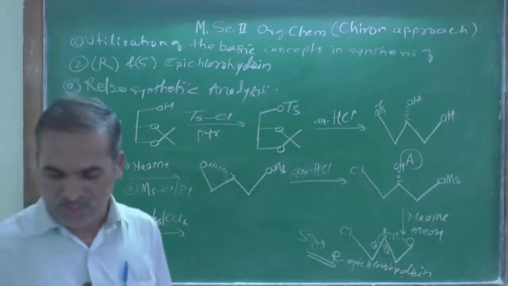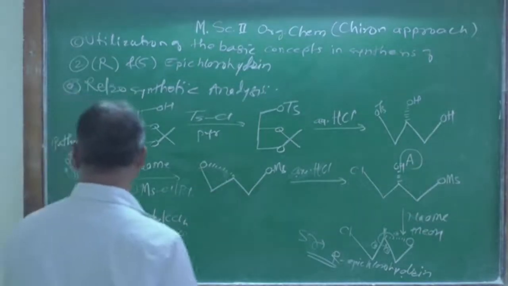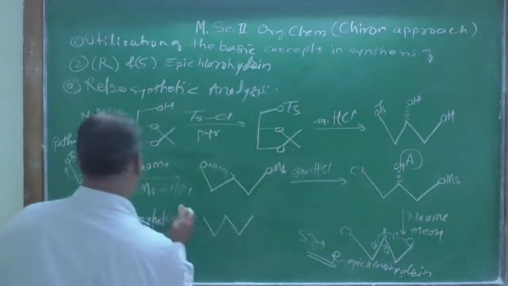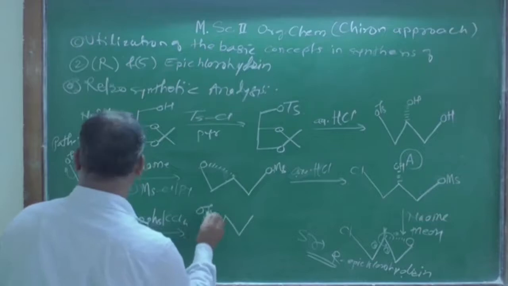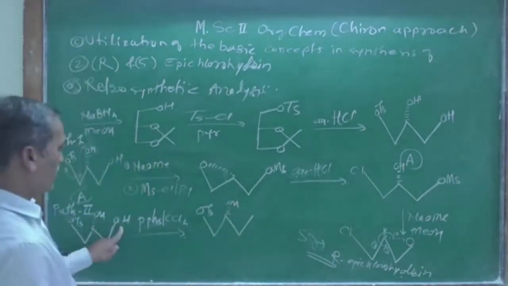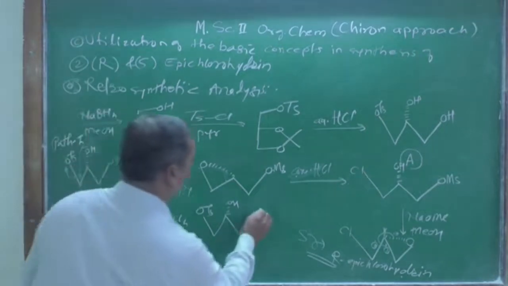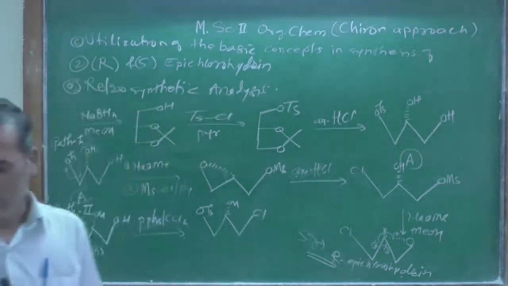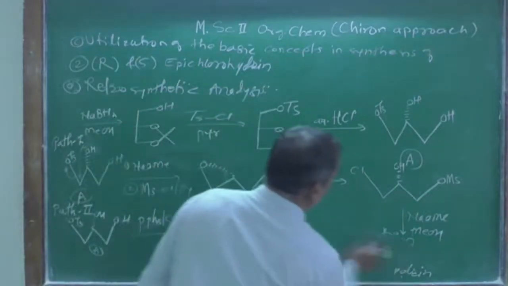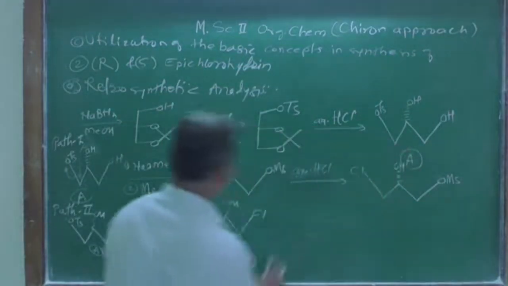If you use this, what you are going to get? You get this compound as it is. Here is the OTs and the middle hydroxy remains as it is, OH, and here Cl is going to come, Cl, right?